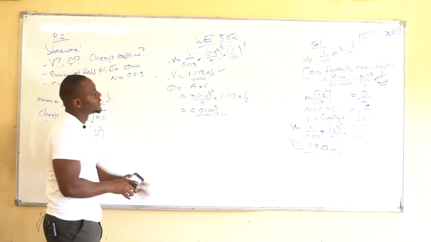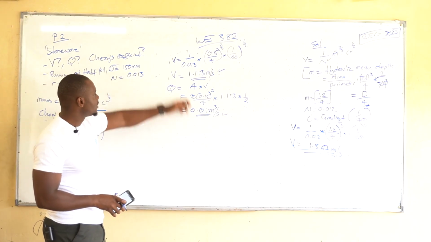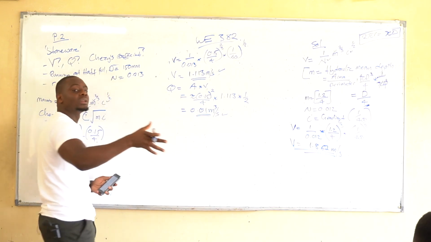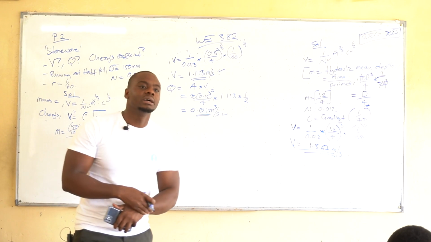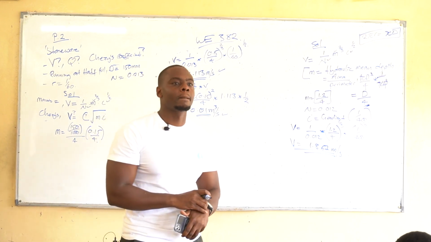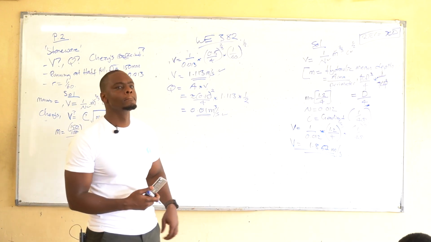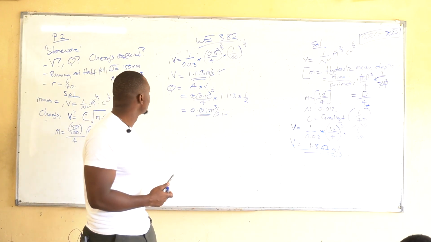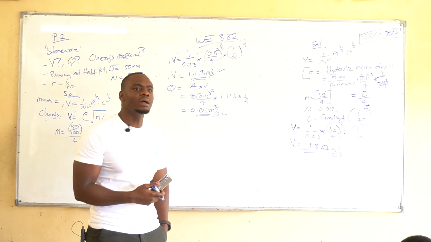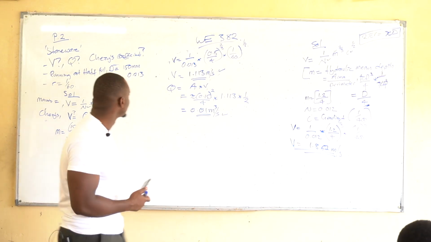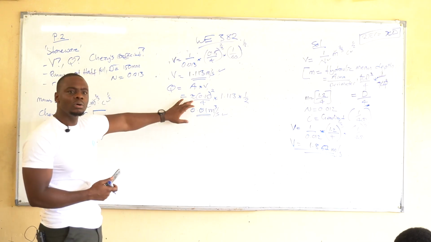Yes. So having found this, you already have your velocity. Just go back and identify the formula known as Chezy's formula. Yes, sir? For this example?